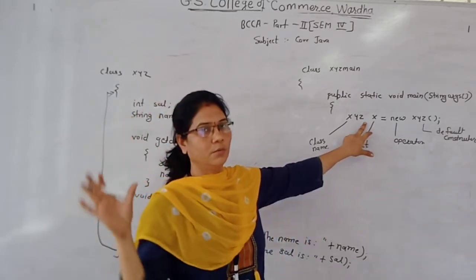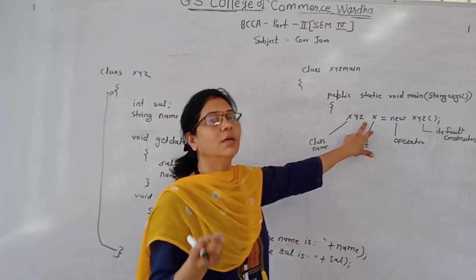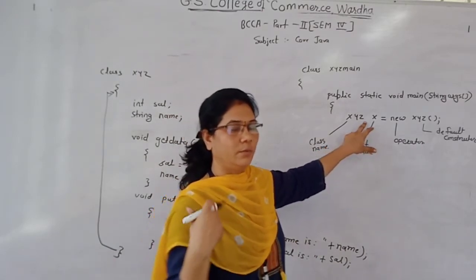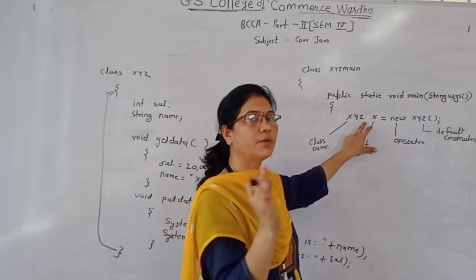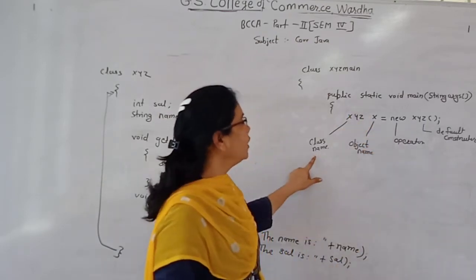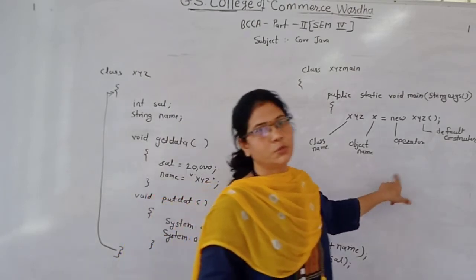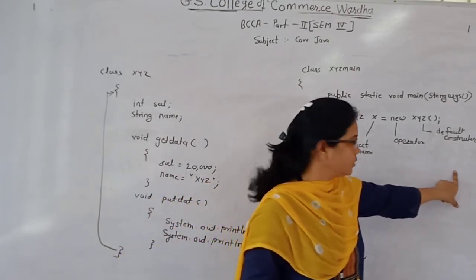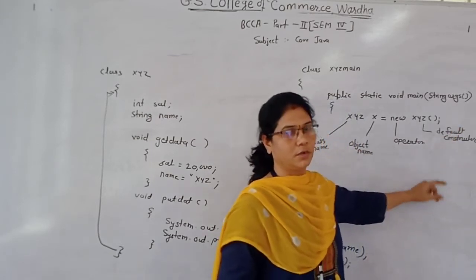If you have gone through C++, there we just declare the name of the object and call the functions. But here we have to follow the syntax: write the class name, then the object name equals new, and then the constructor, whether it is a parameterized constructor or a default constructor.